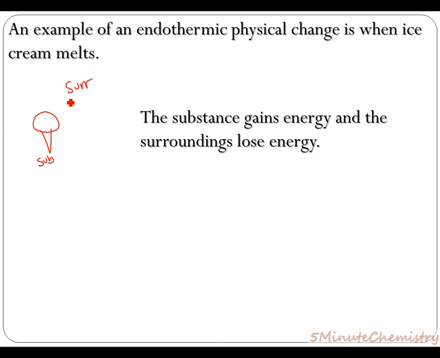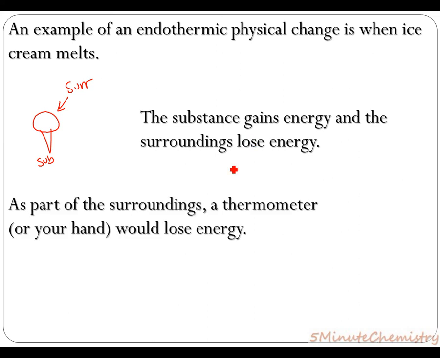The ice cream is going to absorb energy from the surroundings. If the surroundings were a thermometer, the thermometer temperature will go down as it loses energy. The substance, the ice cream in this case, is going to have a temperature increase.